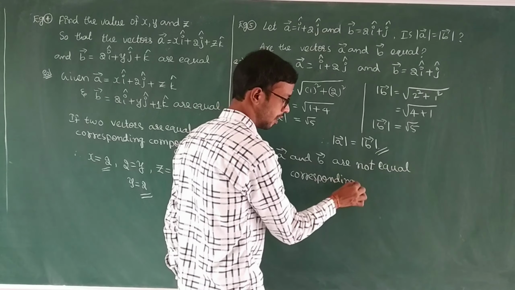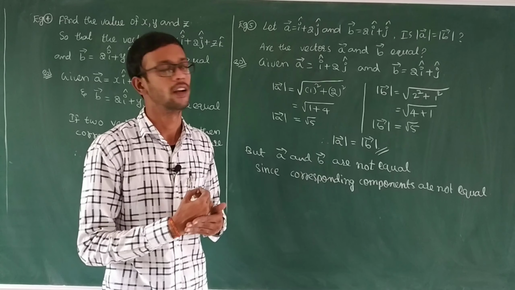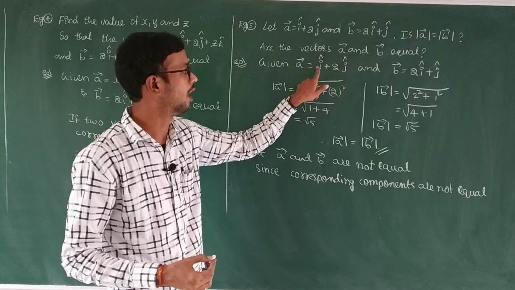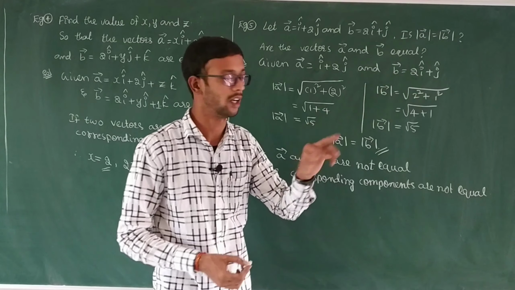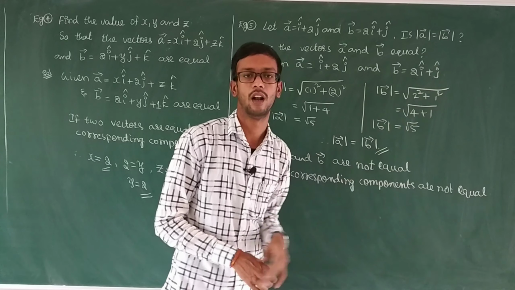If any one is not equal, we can say the two vectors are not equal. You observe here 1 and 2 not equal, 2 and 1 not equal.